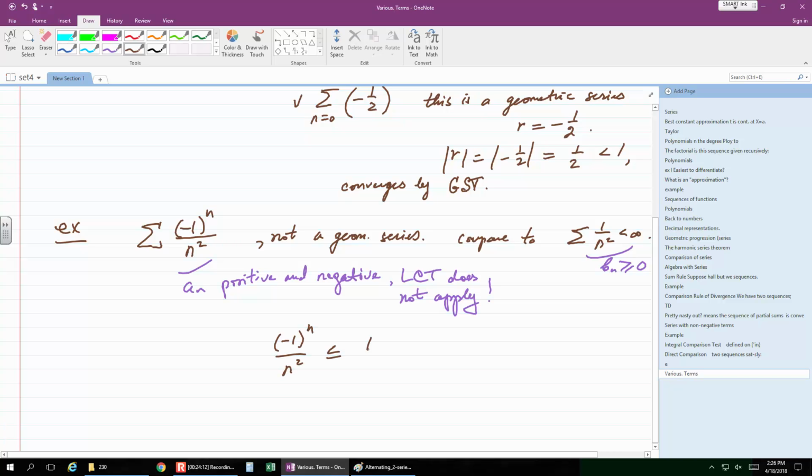It will be less than or equal to 1 over n squared. But we know that this cannot possibly work. We cannot expect the theorem to apply, for the same reason. The limit comparison test does not apply, and the direct comparison test does not apply either.